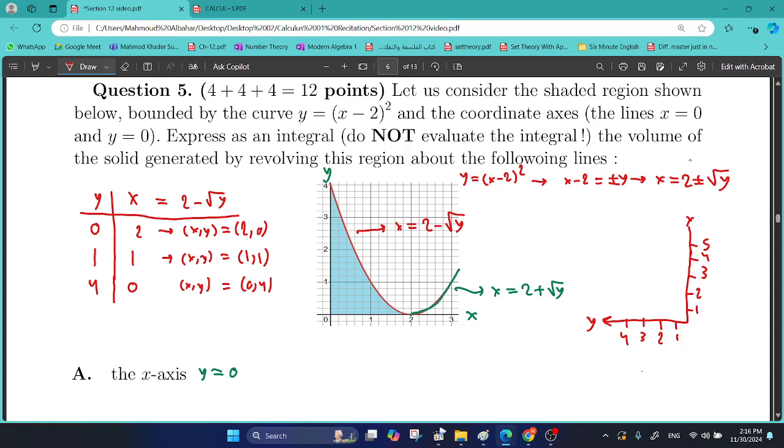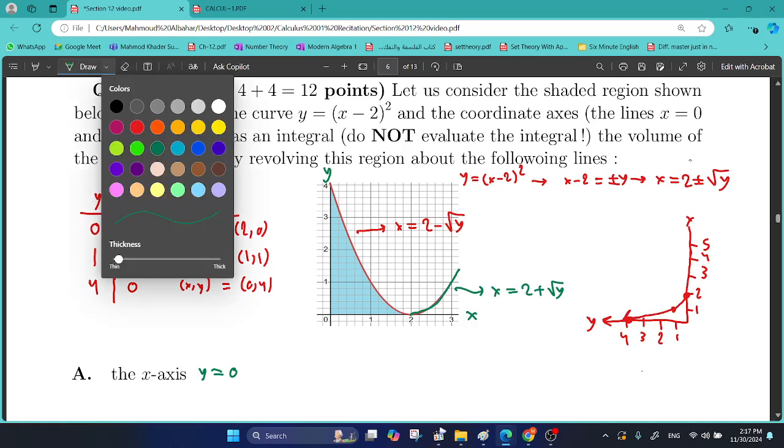Let's start with this one. When y equals 0, I got 2, okay? Y equals 1, I get 1. Let's say it slowly. Y equals 0, x equals 2. Y equals 1, so 1 here. Y equals 4, 0 here, okay? So it's like this.